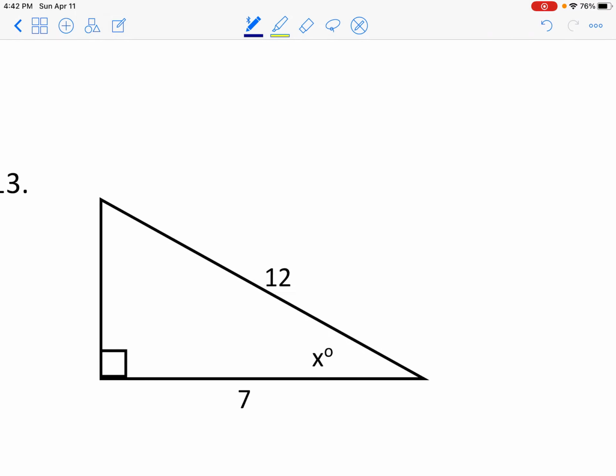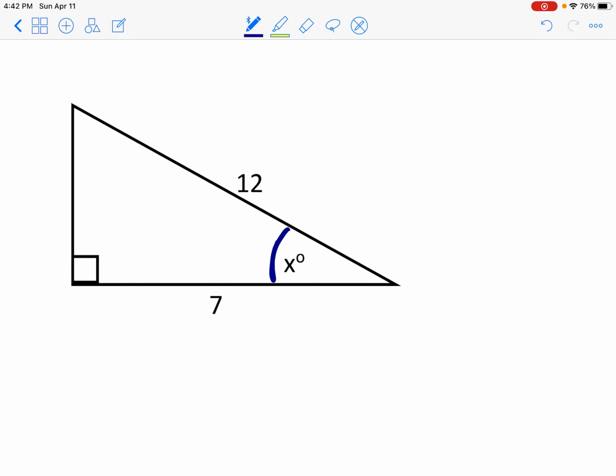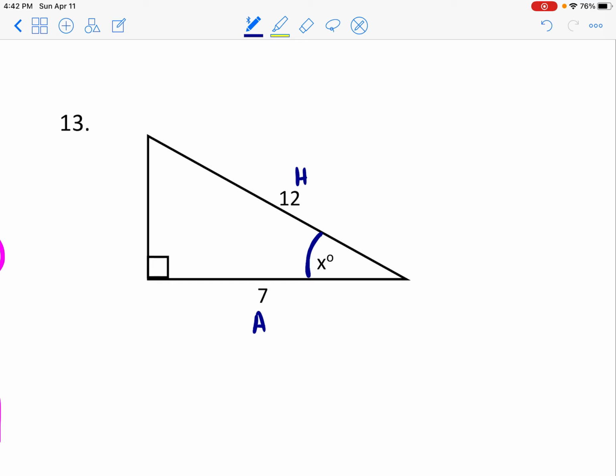So next example, this is our angle, this leg is adjacent, and this is the hypotenuse, so A and H correspond with cosine. So I'm going to say that the cosine of my angle has to equal A over H, the adjacent side over the hypotenuse. So in this one, I have to undo a cosine. That means x is going to be equal to the inverse cosine of this ratio.